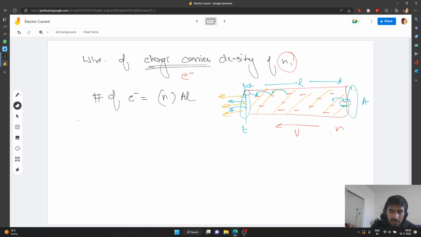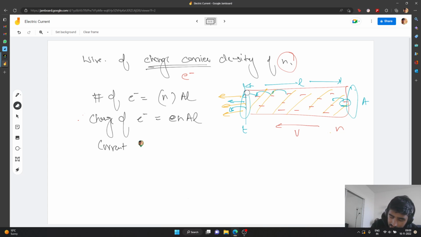What was the net charge of electrons that went through? It will be number times charge, so e times nAL, right? And then we can define what the current is. So current in that case will be, all these charge carriers are there.